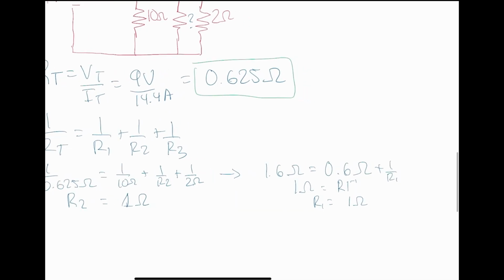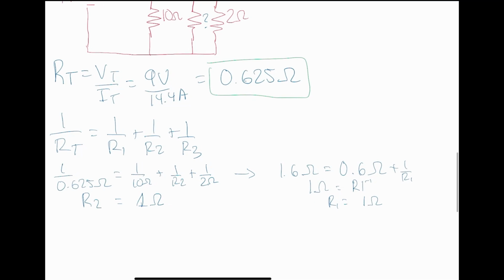So 1 ohm. That's our resistance. Now, to find our current with each resistor. I'm sorry, I meant R2 here. Okay.